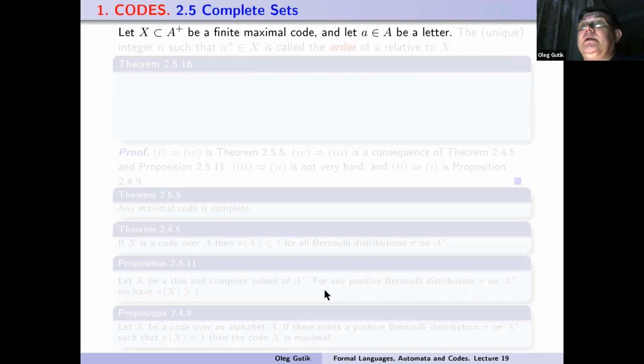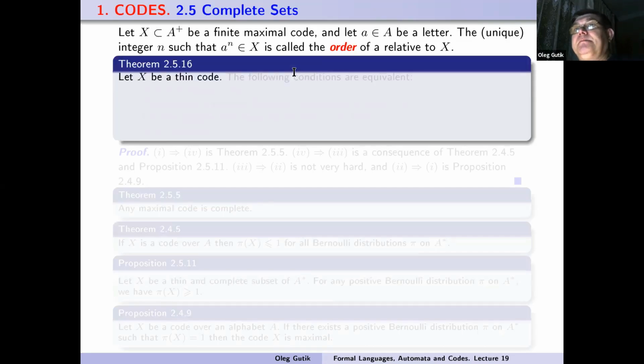Let X be a subset of the free semigroup over the alphabet A, be a finite maximal code, and let a belong to A be a letter. The unique integer n so that a to the power n belongs to X is called the order of a relative to X.